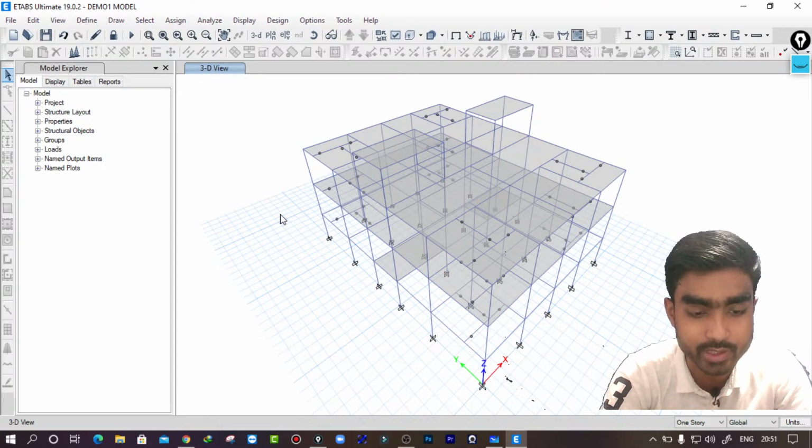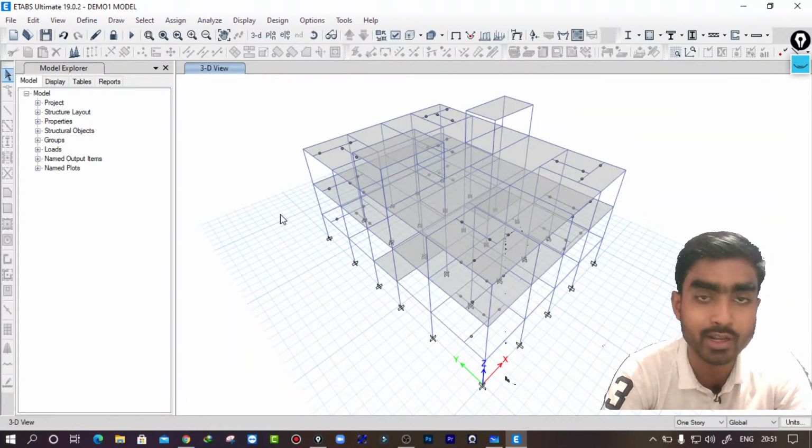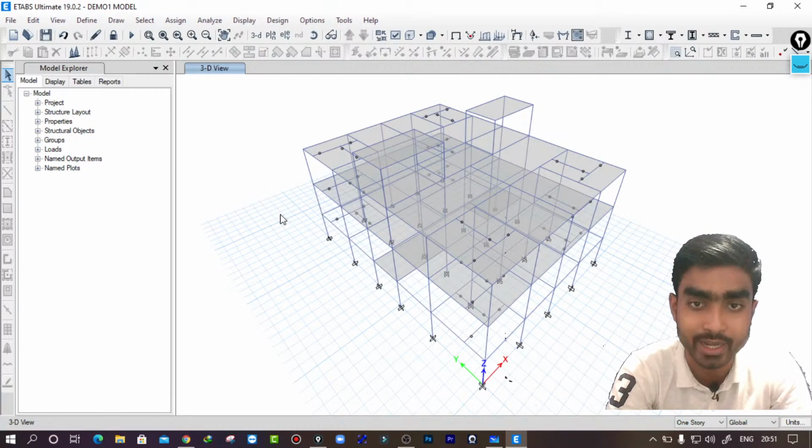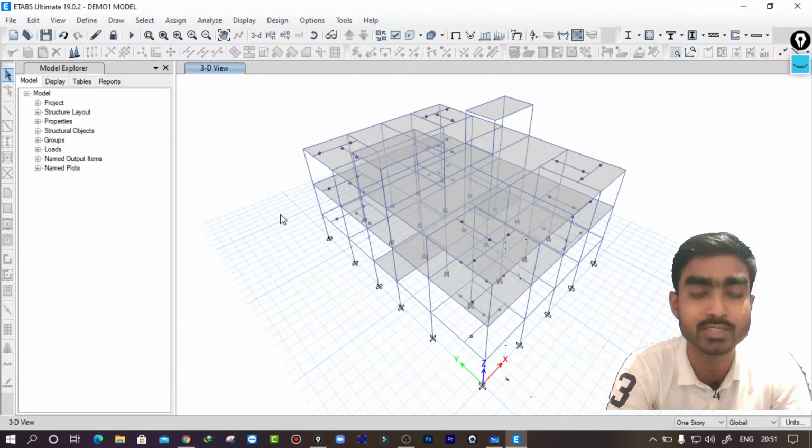If you guys have any question or any query regarding what we have done up to this point: we have modeled the structure, we have given the gravity loads, we have given the diaphragms, right? And we have defined the modal case, we have defined the mass source, and we have checked the modal analysis also. But the modal analysis that we have checked is very simple, because this structure is very simple.